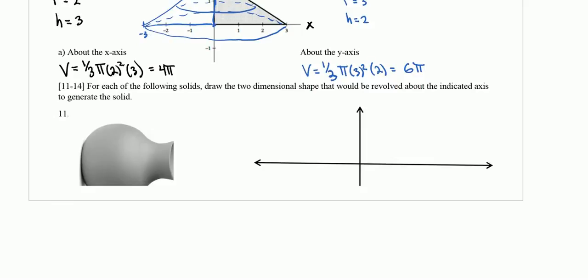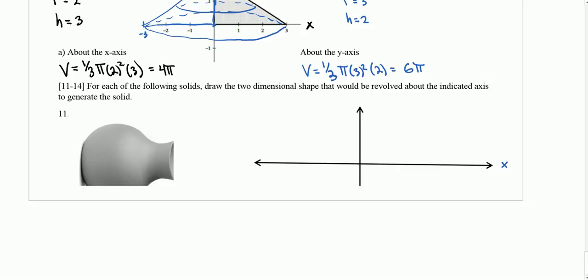Last one for each. For number 11 here, we're going to draw a two-dimensional shape that would be revolved about the indicated axis to generate the solid. On this one, we're going to revolve it around the x-axis to create this bowl shape.